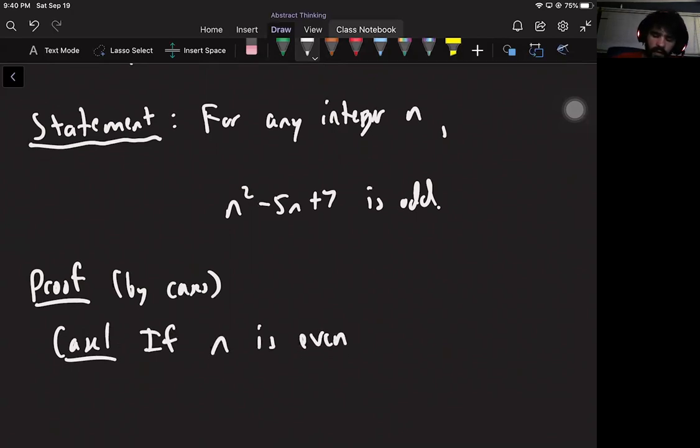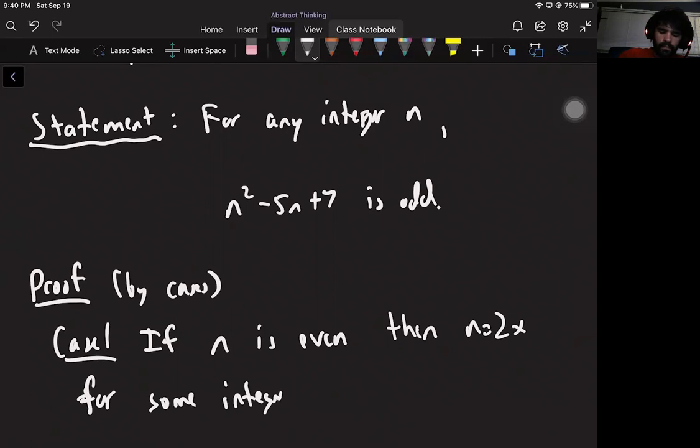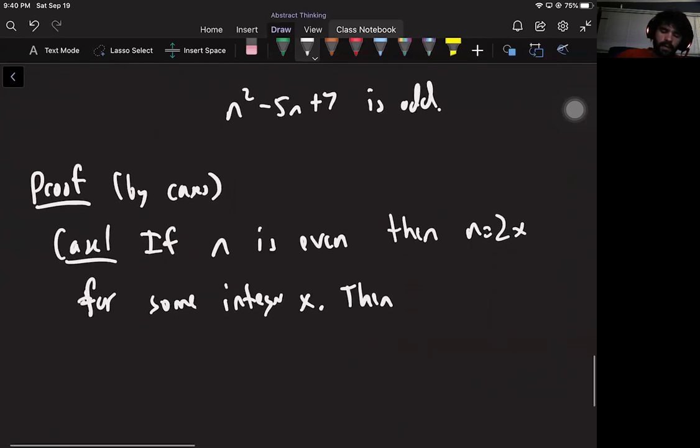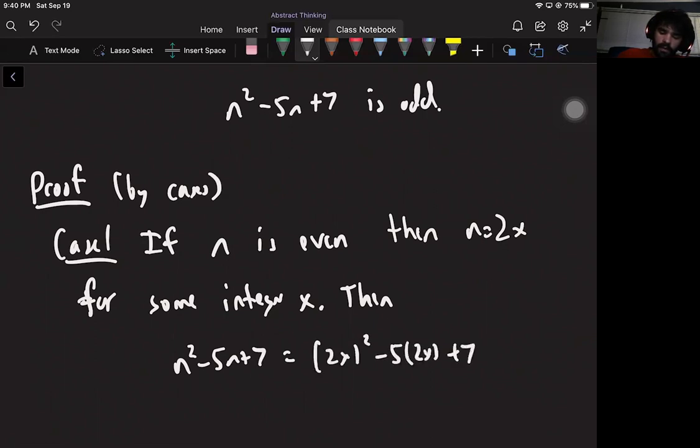So if n is even, then n equals 2x for some integer x. Then what happens? Then n squared minus 5n plus 7 is going to look hopefully like an odd number this time: 2x squared minus 5 times 2x plus 7.